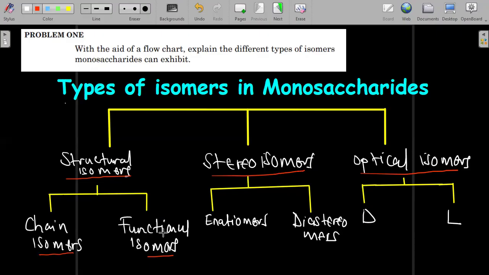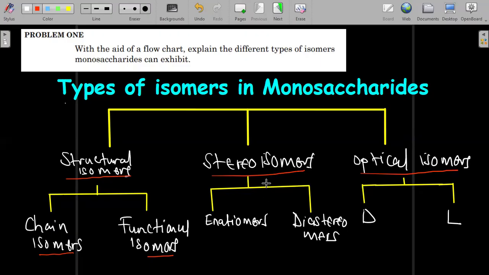And the functional isomers are isomers that differ in the position of the functional group. So a good example of functional isomers is the aldose functional group in glucose and the ketose functional group in fructose.